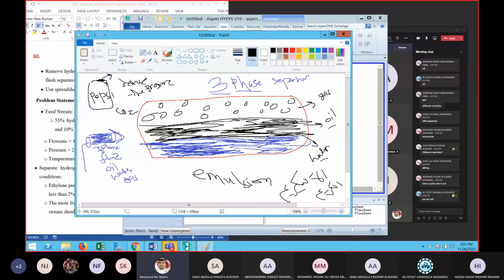We call it three phase even though two of them are liquid, oil and water, because they have different properties, mainly different density. As you can see, the water is at the bottom, so its density is greater than the density of the oil.